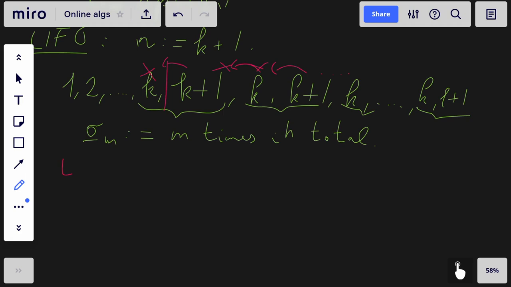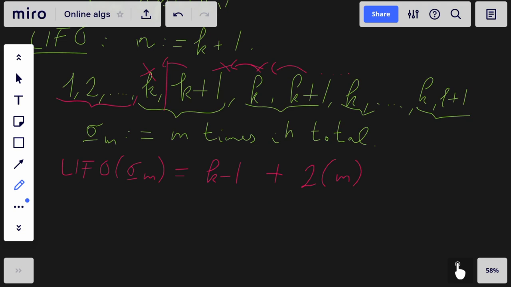So the LIFO's cost on sigma m: there are k minus 1 inputs before these m iterations of k and k plus 1, so it's just k minus 1 plus 2 times m.